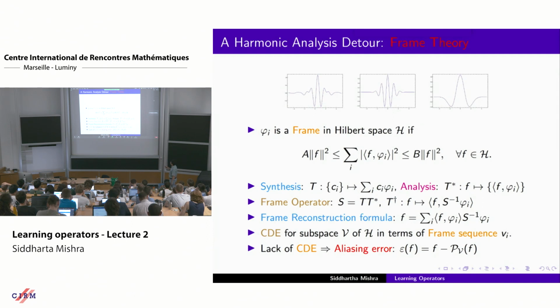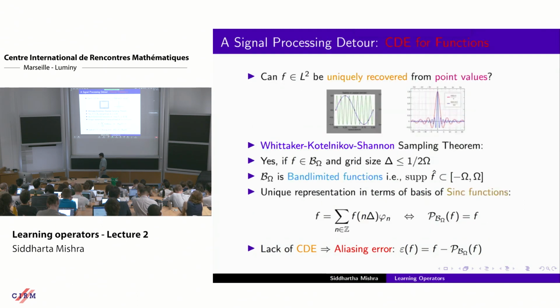And when you don't have this, so in particular, if you take a subspace of some what are called frame sequences, these are just a collection of members of the Hilbert space, and you take their closed span, and if you don't belong to here, if you don't have this continuous discrete equivalence, you get an aliasing error. Okay? So this is just a generalization of what I wrote for the Shannon sampling theorem.